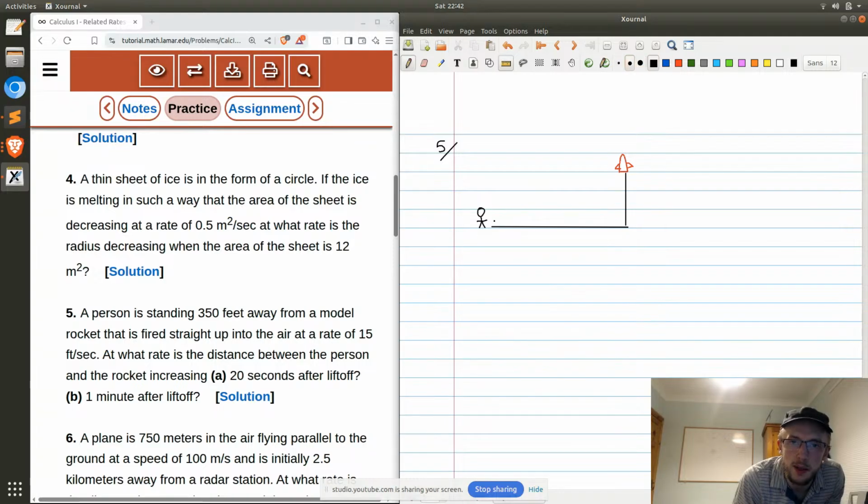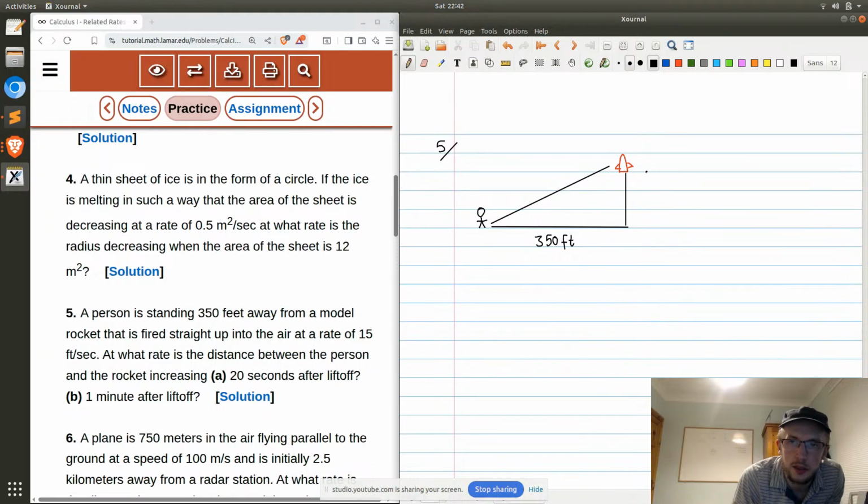Okay, and we also have that, don't we? Yeah, we do. Okay, so at first they are 350 feet away from it.